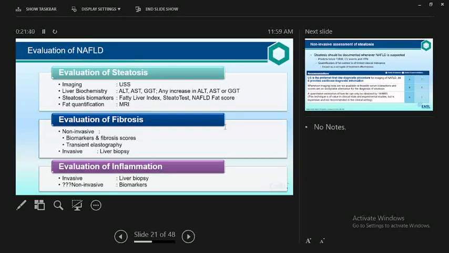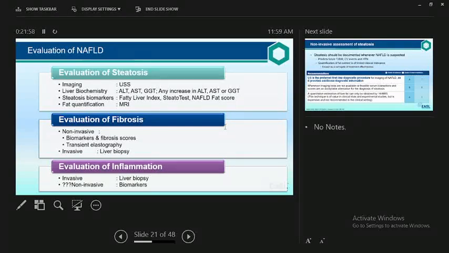So how do you evaluate fibrosis? There are some non-invasive ways as well as invasive methods. The biomarkers are validated for the diagnosis of fibrosis and NASH. I will let you know what the biomarkers are.